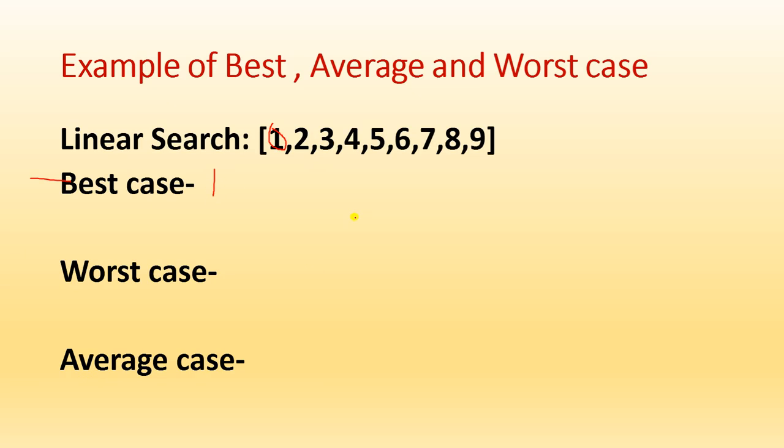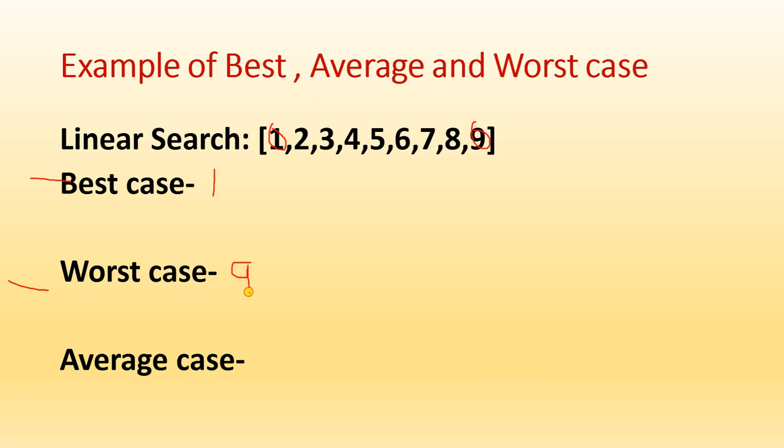Next is the worst case. Suppose you want to search for an element, for example 9. For searching 9 in the list, first it will traverse 1, then 2, then 3, then 4, 5, 6, 7, 8. It will traverse all the elements of the list. So here the worst case is 9.